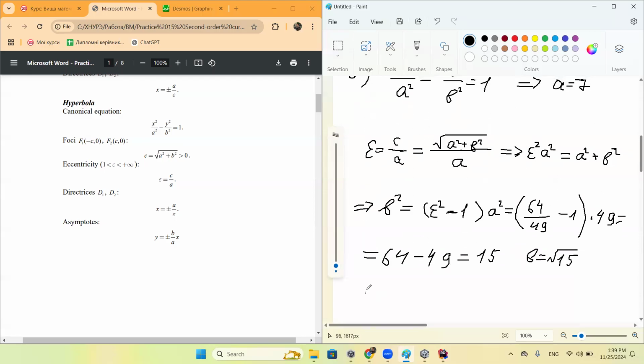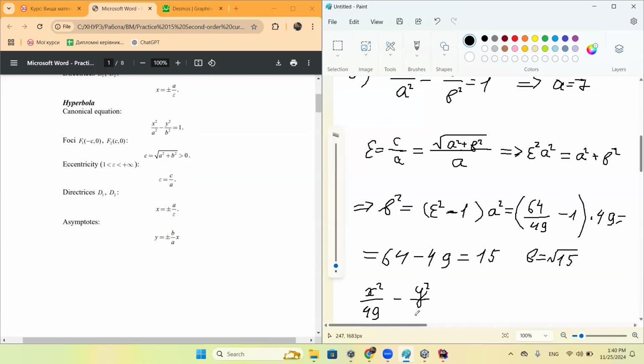So we can write down the canonical equation of the hyperbola. So x to the power of 2 by 49 plus y to the power of 2 by 15, not plus, but minus. You will always have to be attentive with the signs.